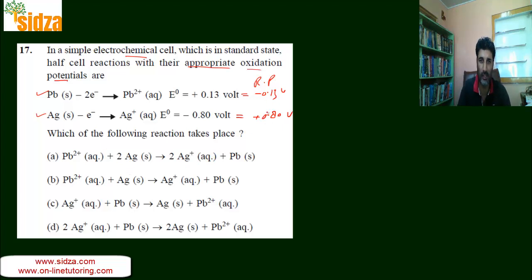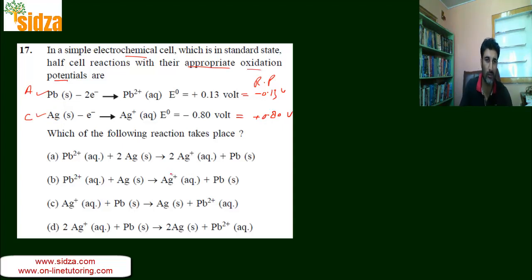Over here you can see the reduction potential of the silver is higher, so definitely it will act as a cathode, and the lead, its reduction potential is less, it has high oxidation potential, it has higher tendency to lose electrons than the silver, that means it will act as an anode. So the reaction where silver ions gain electrons from the lead will be possible.